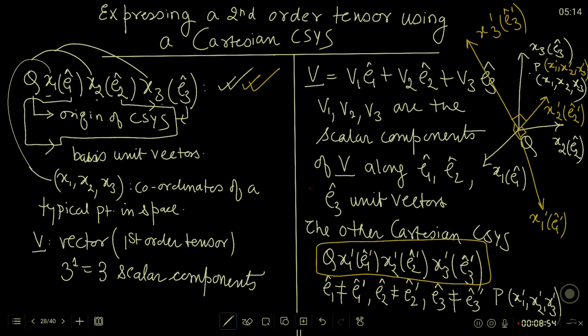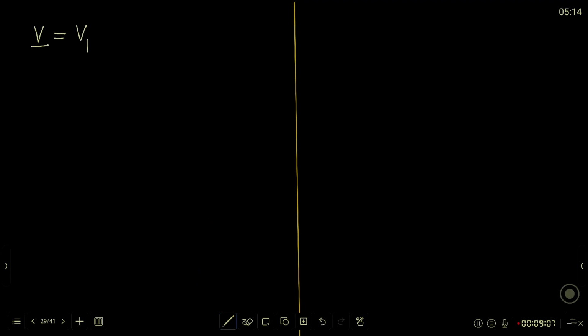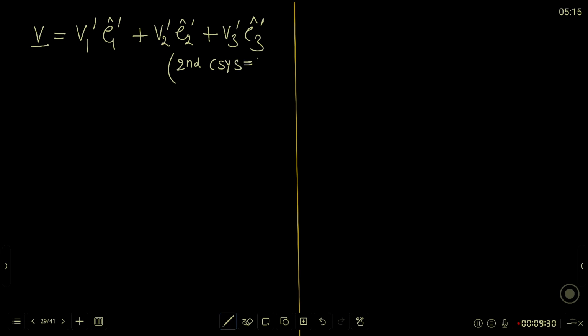For him, the vector v will be written as v1 prime e1 prime, v2 prime e2 prime and v3 prime e3 prime. This is the second coordinate system, and the second coordinate system is the working coordinate system.